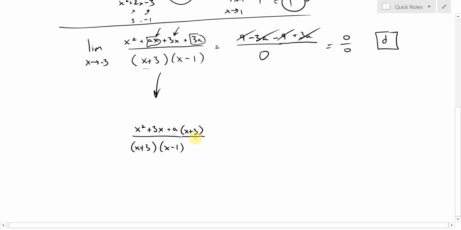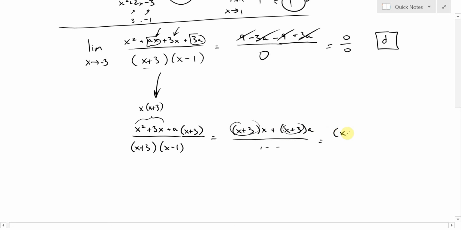And actually, now that I do that, hey, wait a minute, don't I have an x plus 3 hiding in that? Isn't that x times x plus 3? So isn't this the same as x plus 3 times x, plus x plus 3 times a, all over that denominator? And then, hey, wait a minute, now I can factor out the x plus 3.